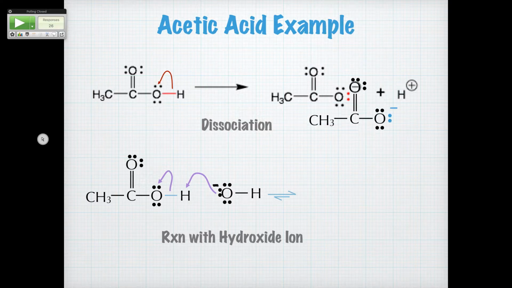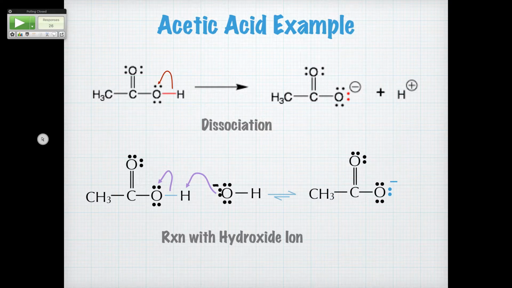We get acetate anion, just like we got before, and then we get water. Okay? Now, anybody thinking, yeah, the H moved from here to here. But that is not how we draw the arrows. The arrows are drawn to show movement of electrons.